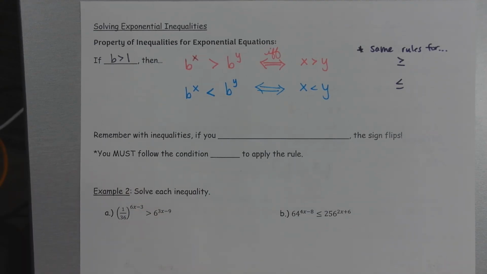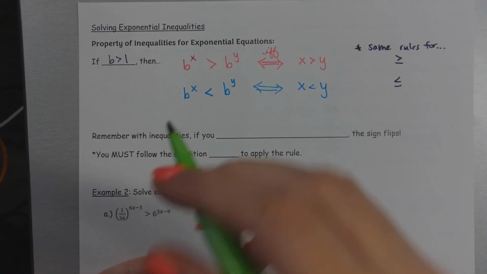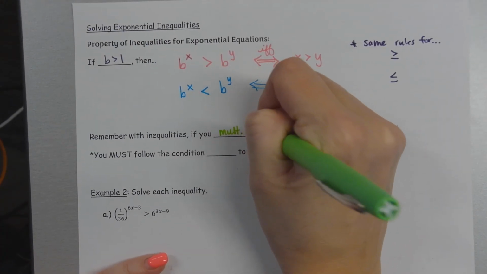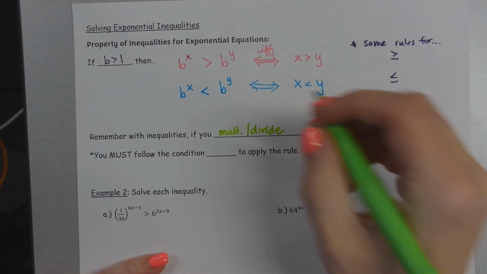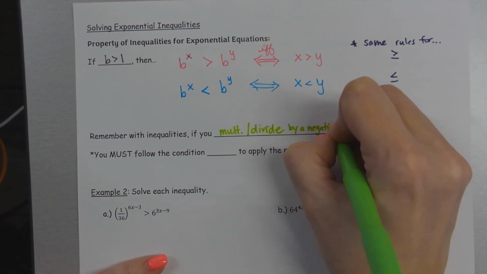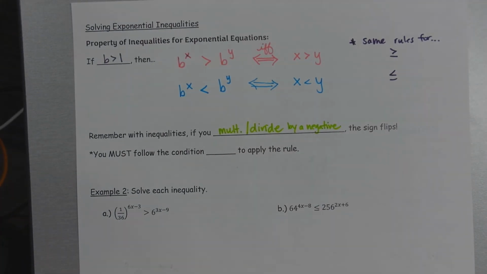One thing we have to remember about inequalities is if you multiply or divide by a negative, the sign flips.